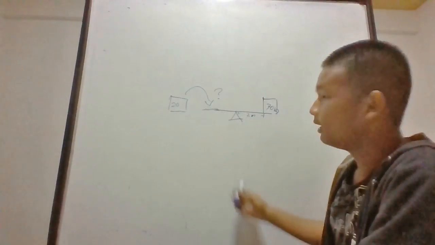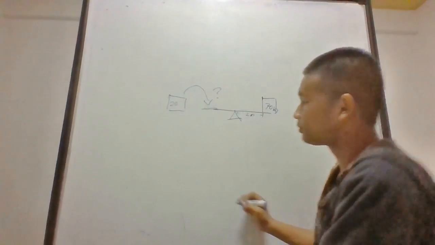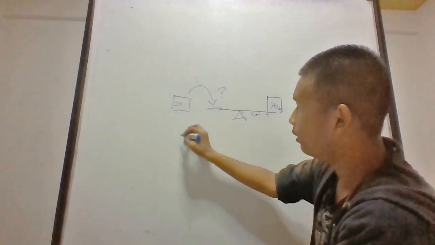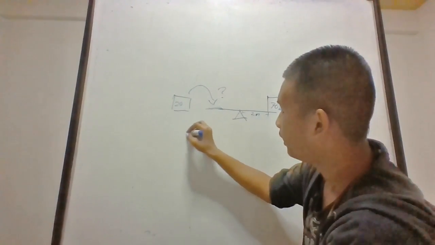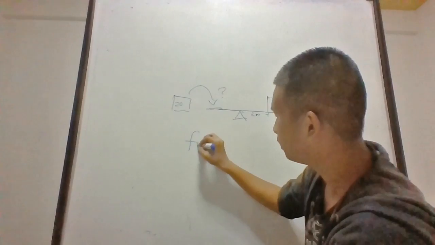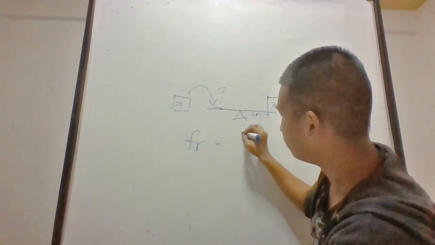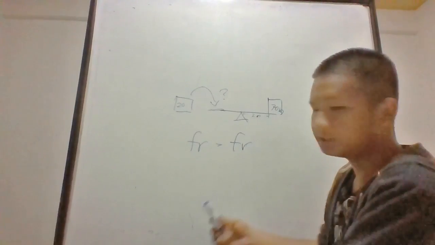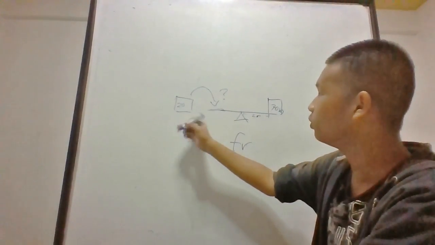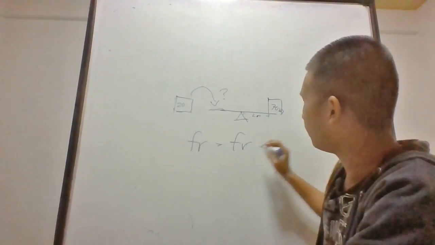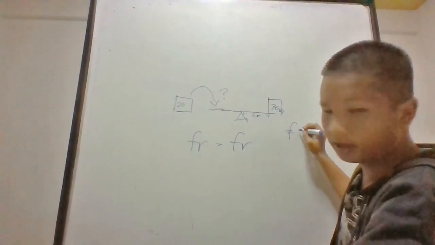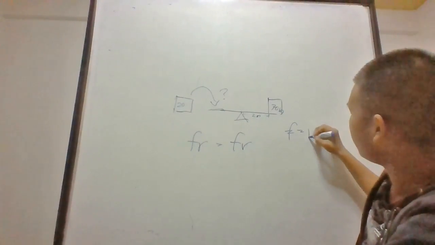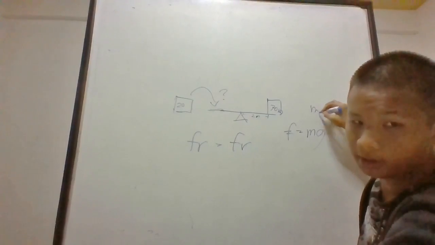In order to find the equilibrium, the torque on one side equals the torque on the other. In this torque case you can use F equals mg instead of ma.